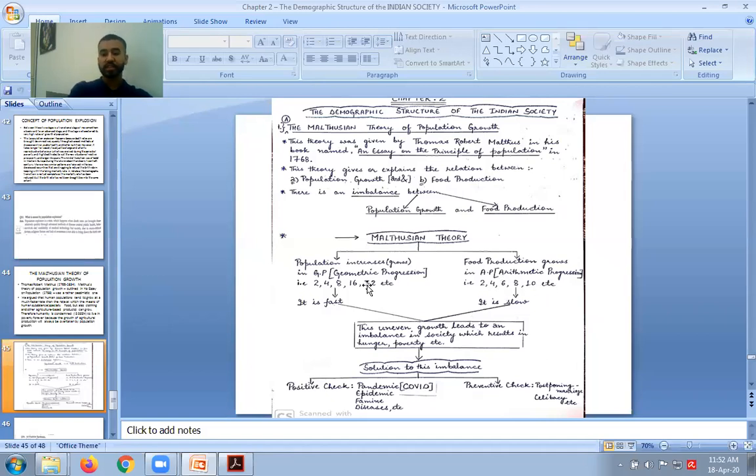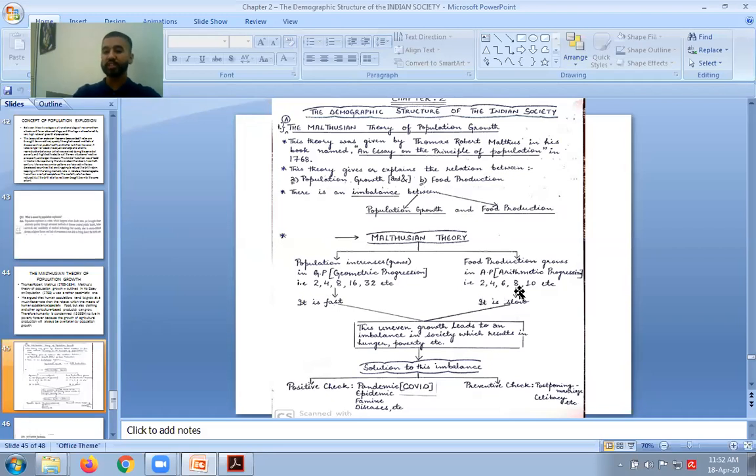When I say geometric progression, just look at that: the numbers are doubling. 2 doubles to become 4, 4 doubles to become 8, then 8 to 16, 16 to 32. So it's pretty fast compared to the arithmetic progression.